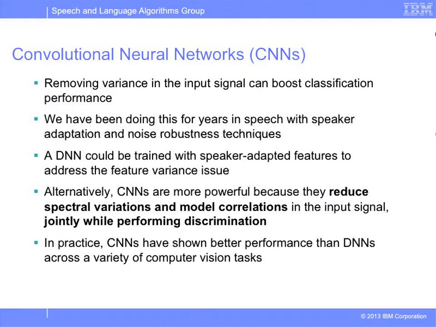But one of the reasons that I'll show on a few slides is the CNNs are a little bit more powerful than that, because you're reducing the spectral variation, and you're modeling the correlation in the input signal jointly with actually doing the classification. That's very different than the DNN, where you're already given the features ahead of time. And I think it's this joint aspect of it that makes the CNNs very, very powerful. And some motivation from the vision world is CNNs have shown far better performance than DNNs in vision. This is a lot of work out of Yann LeCun's group.